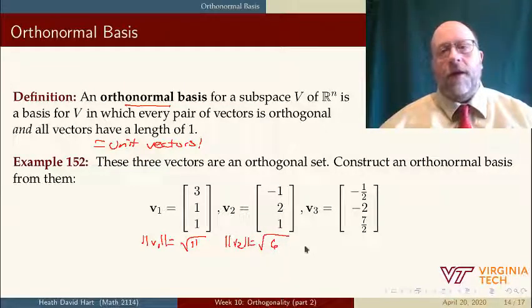This is going to be the ugly one. Magnitude of V3 is the square root of 1/2 squared plus 2 squared plus 7/2 squared, which is 1/4, and 49/4 is 25 halves plus 8 halves is 33 halves.